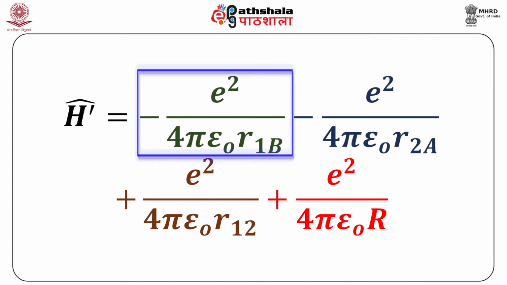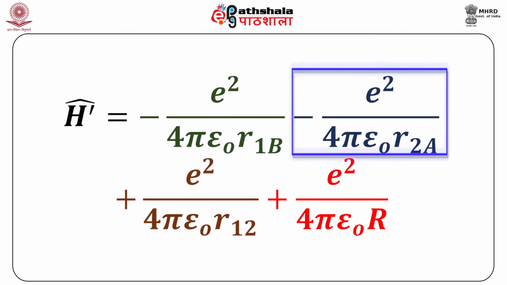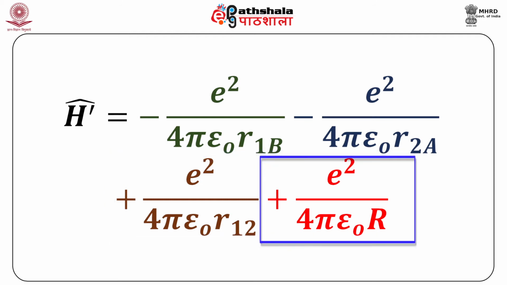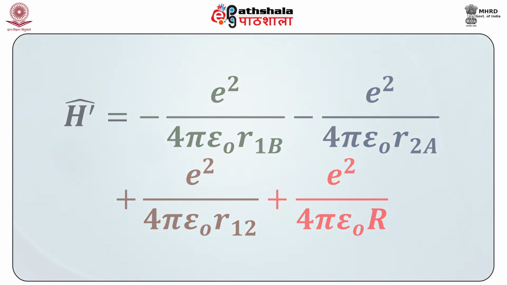One is e square upon 4 pi epsilon 0 R1b minus e square upon 4 pi epsilon 0 R2a plus e square upon 4 pi epsilon 0 R12. This R12 term, which is positive, represents electronic repulsion. And the last term is plus e square upon 4 pi epsilon 0 R, which represents the nuclear repulsion.